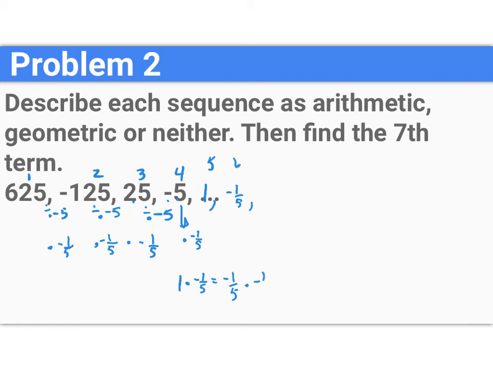Then I multiply by negative 1/5, and I get 1 over 25, which is my seventh term. So look how this goes. It goes positive, negative, positive, negative, positive, negative, positive. So all things have to work out. And that is the answer to problem 2.